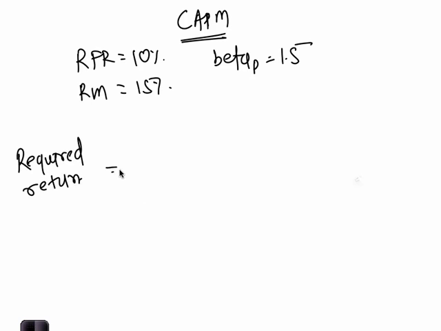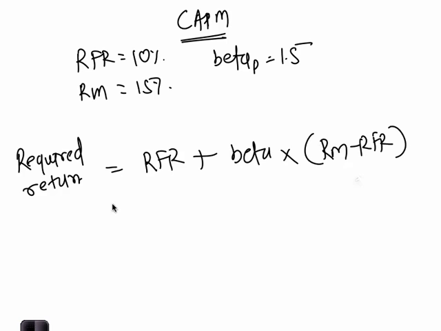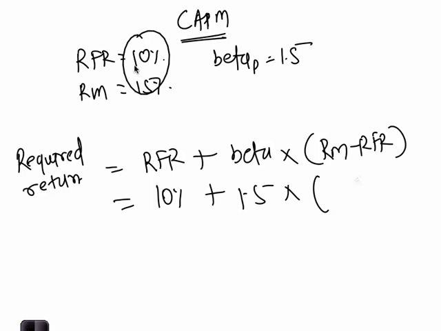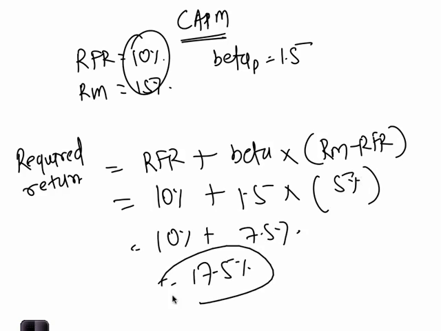Okay, so how do we calculate that? We will say RFR plus beta into equity risk premium, which is RM minus RFR. RFR is 10%, beta is 1.5 and RM minus RFR is 5%. So that would be 10% plus 7.5, 17.5%.